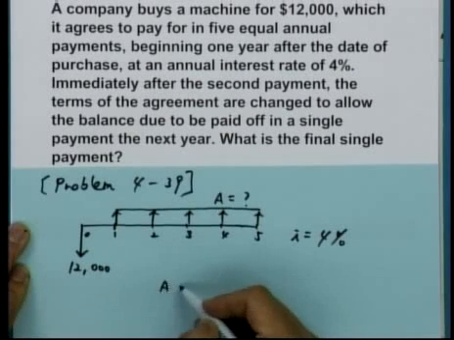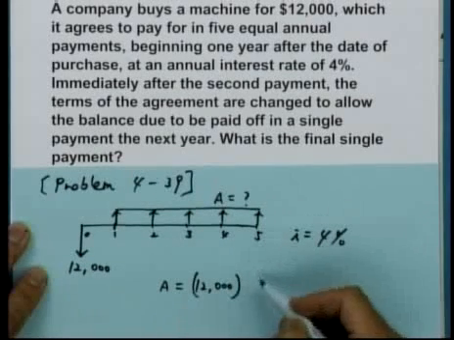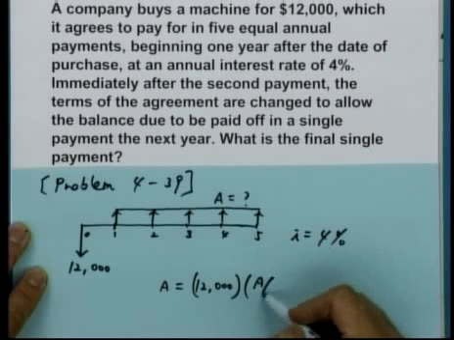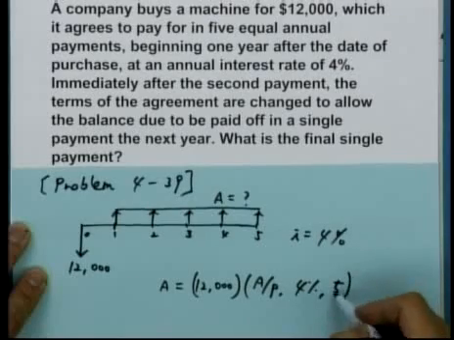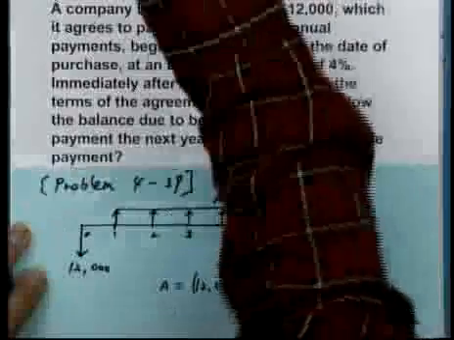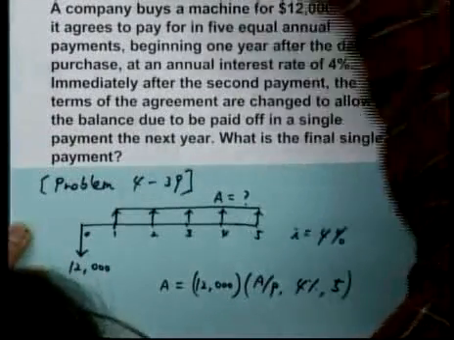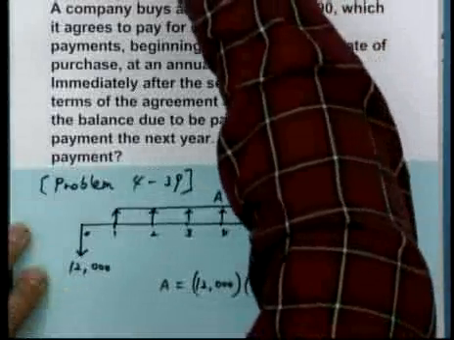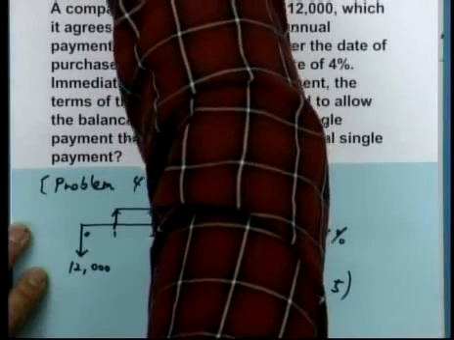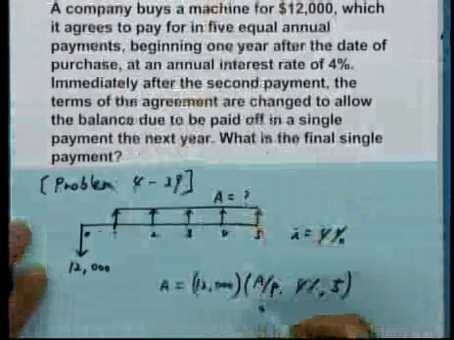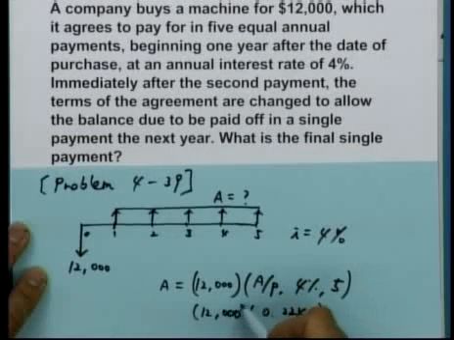It's going to be A equals $12,000 times A given P, right? And 4% over 5 periods. So from our text, page number 606, A given P over 5 periods is 0.2246, times 12,000.